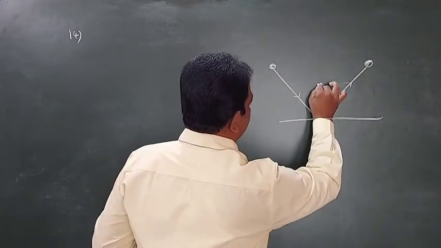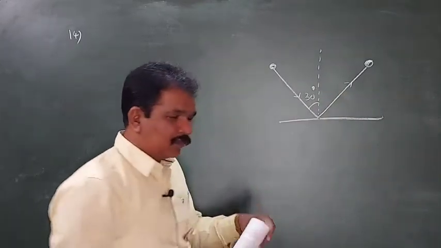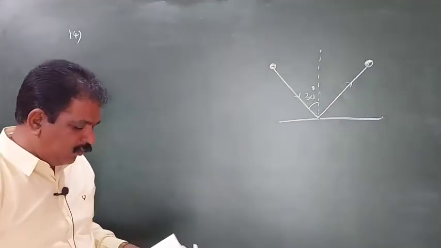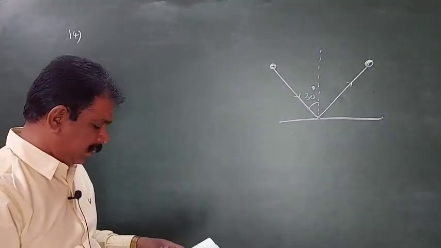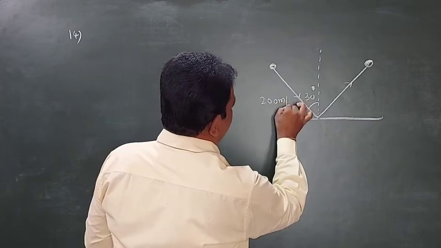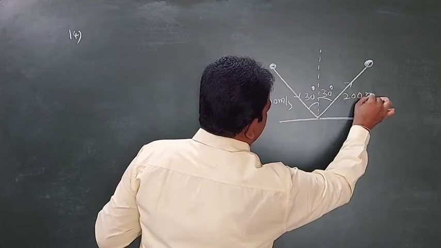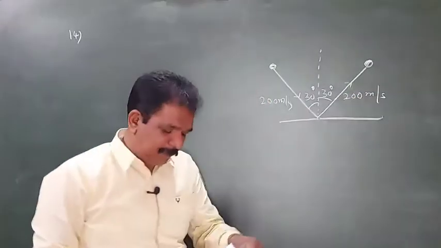This is the normal. This will be 30 degrees. And it rebounds with the same speed. Means here it hit at 200 meter per second, this angle will also be 30, and it rebounds with the same speed.